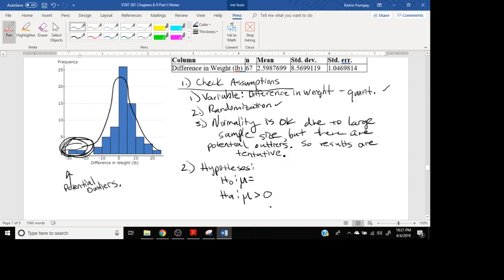The difference in weight from September to April should be greater than 0 if they gained weight. And our null hypothesis needs to include that value. So it's H0: mu equals 0.